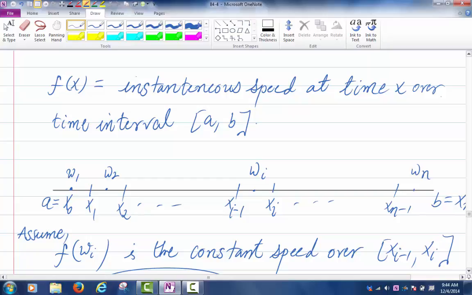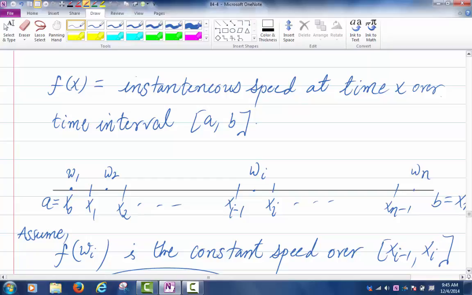And let's say you're asked to find out what's the total distance covered by the object over that time interval. Is my question clear? You know the instantaneous speed of the object, and you need to come up with the total distance covered by the object over the interval from A to B.